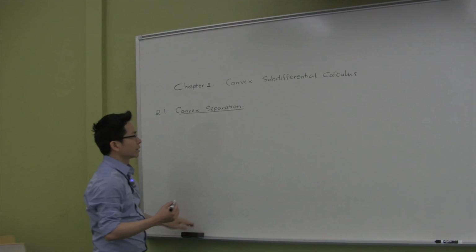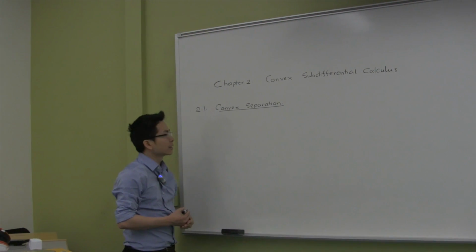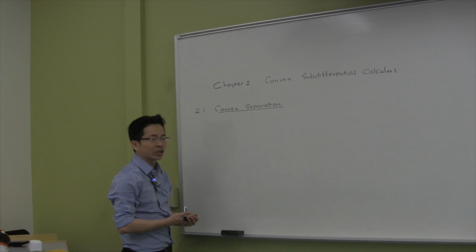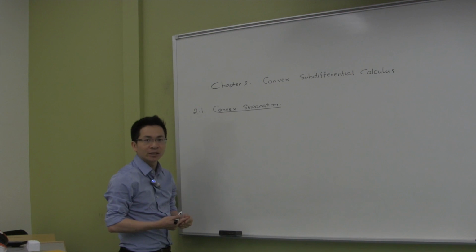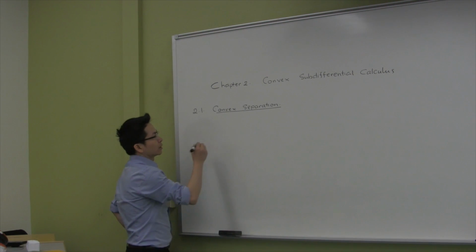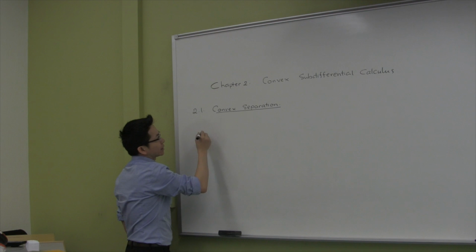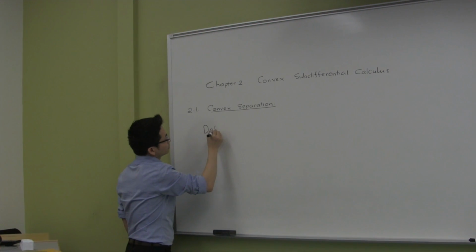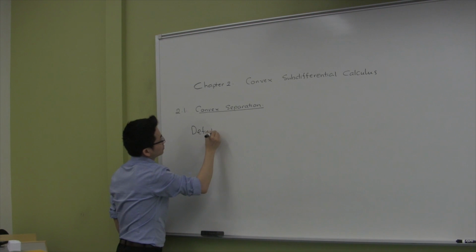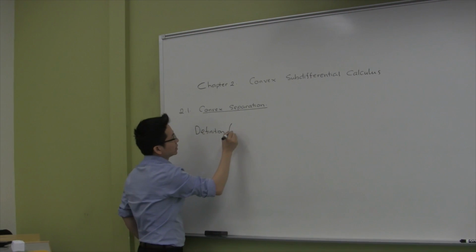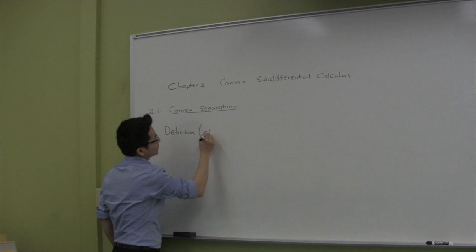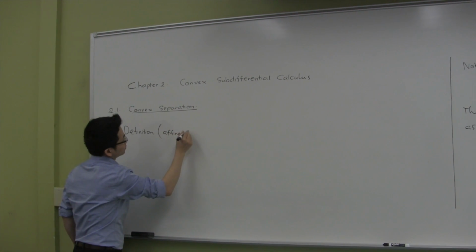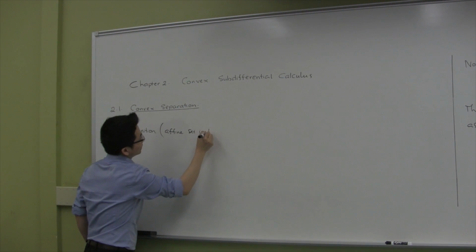So now let me talk about some important concepts before introducing the relative interior of convex sets. So let's continue with the following definition. This definition is about affine sets in Rn.